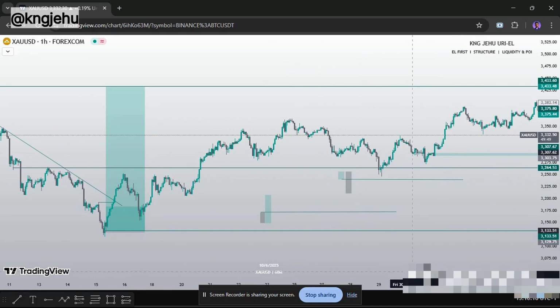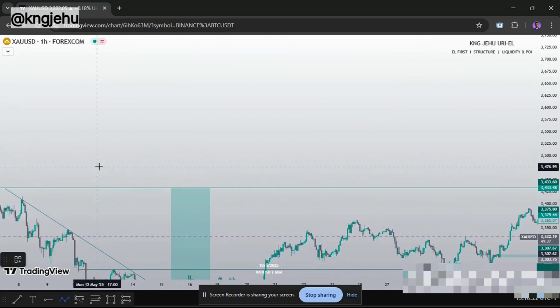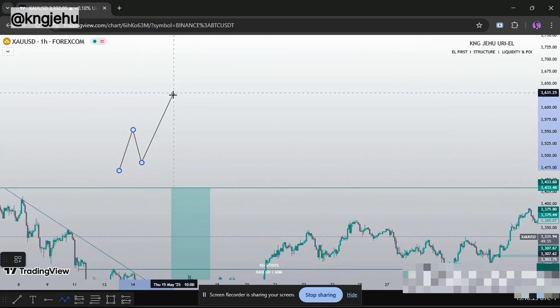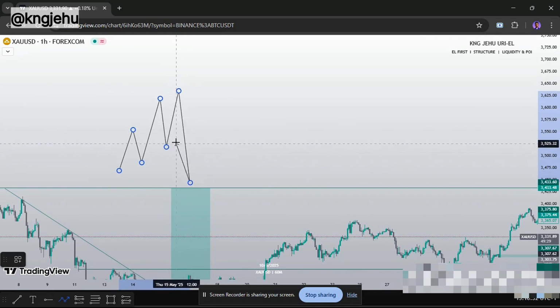Now we have the types of failed order block, because sometimes price is going to disrespect the order block, then it's going to respect the order block again. Let me give you the concept of failed order blocks. First of all, we have the breaker block. In a series of higher highs and higher lows, whenever price destroys one of these, this place becomes a breaker block. So you expect price to come back to it and sell from there.